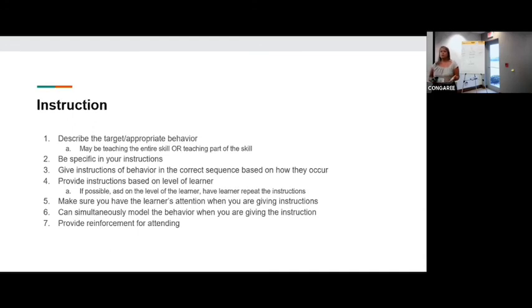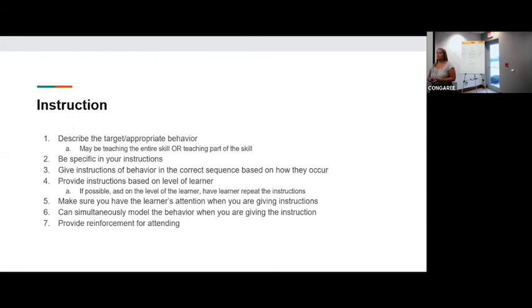I also might do it for a student who isn't attending as much when I'm just talking to them. They're maybe more visual and they need that model. So putting them together pairs the actions with my words. Be flexible, know your learner, and decide if these can happen simultaneously or separately.